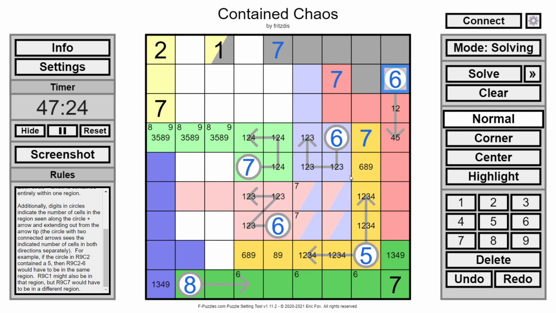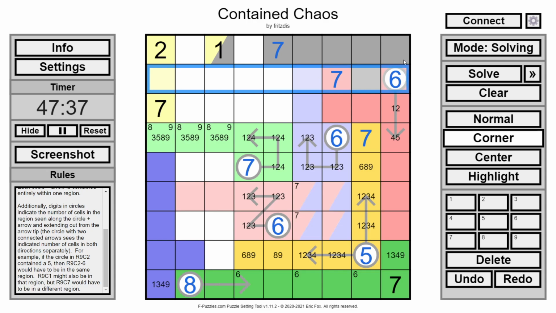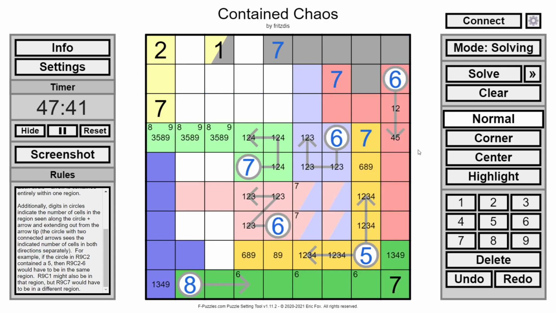What about 6s? We have a lot of 6s as well, and 6s have provided some help. No, I think this could be a 6. I was going to say that 6 was a bit ruled out of this column, but it's not ruled out that much.